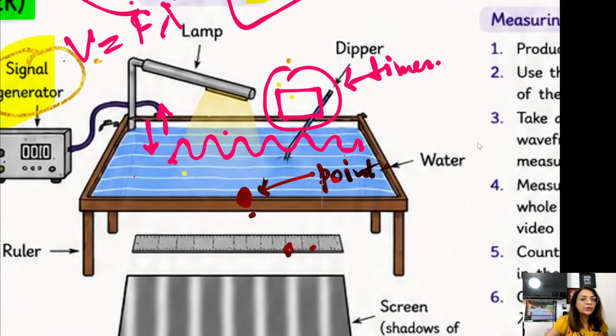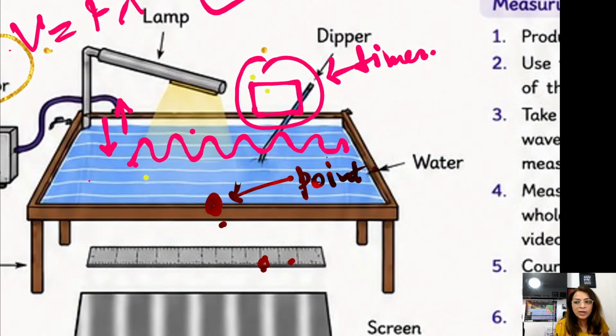Let's say you film 10 seconds, not take a picture, just film it. Then stop the camera and see in slow motion how many waves have passed through from this point in 10 seconds.